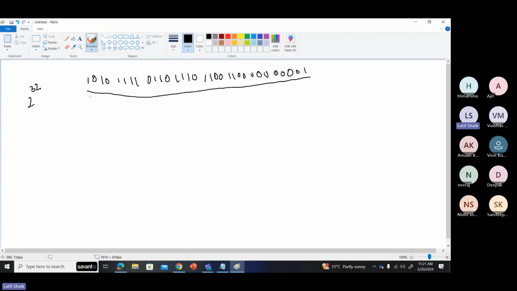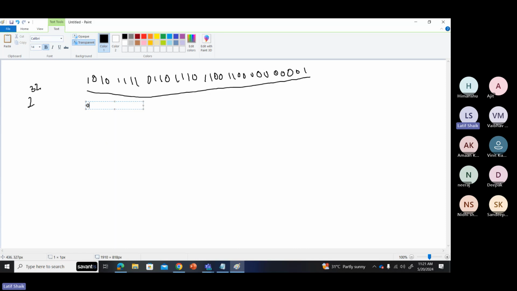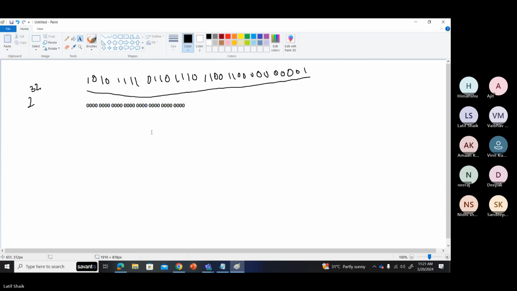Okay. So if you want to count how many combinations are there, you start with all zeros. This is the starting one. Then it will go like 1, 1 0, 1 1, and so on.